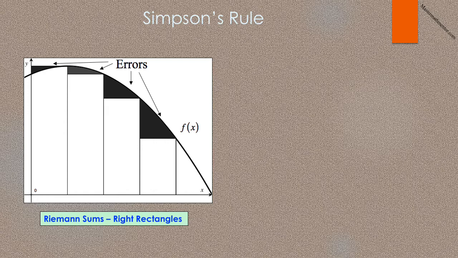So a right or left Riemann sum, as shown in the figure, where we're using a right, draws 0-degree functions at various locations on f of x. For every rectangle that we draw, there is an error associated with the rectangle. And unless we have many rectangles, the summation of the errors will be large, and the area approximation will not be good.